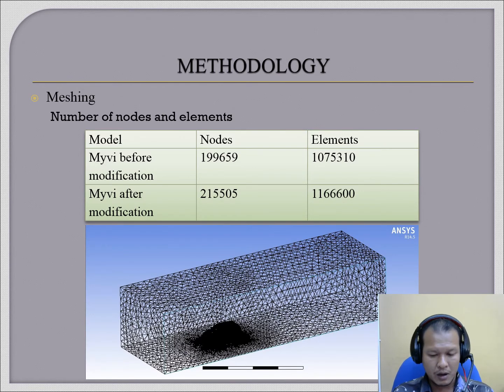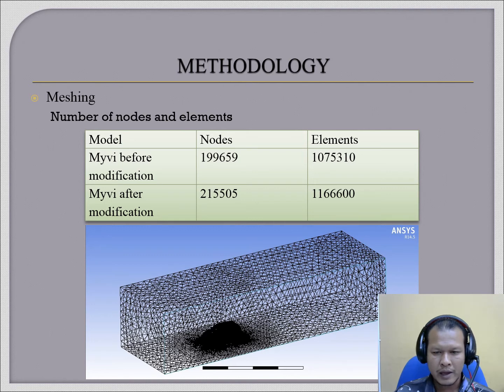This is our meshing. This figure shows the meshing that had been made. In the meshing, I ran both files, before modification and after modification. For each model, it takes 5 to 6 hours to render. For before modification, we get about 199,359 nodes and 1,075,310 elements.